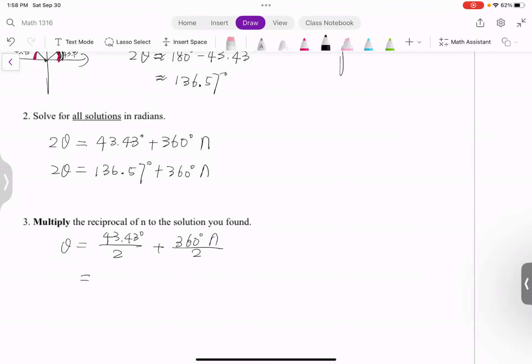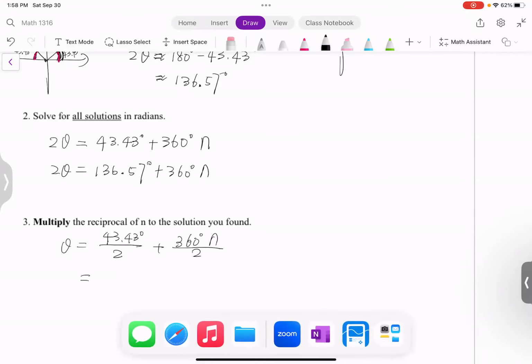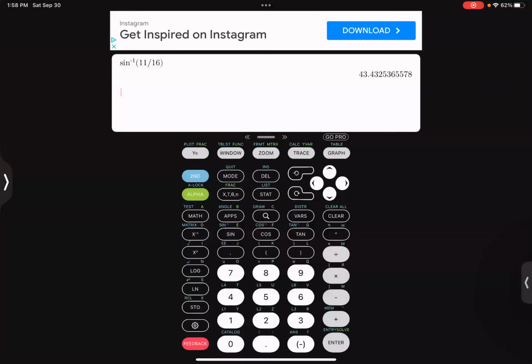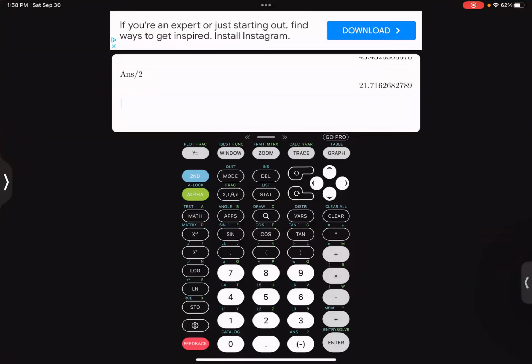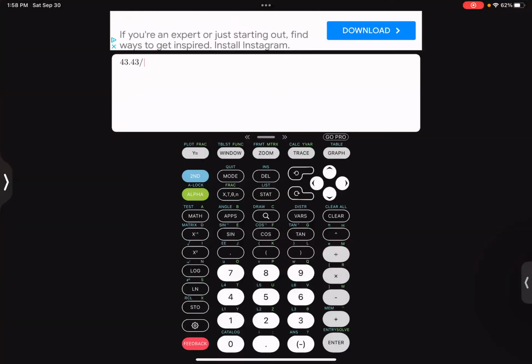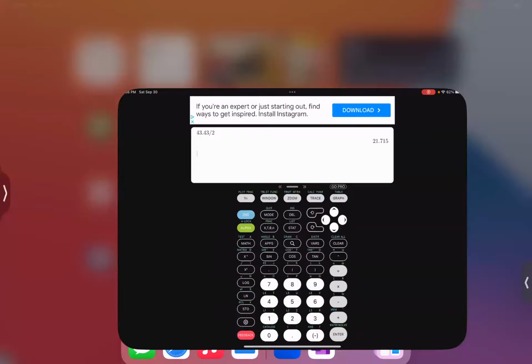So let's simplify the theta. Dividing by 2, 43.43 divided by 2 is 21.715.